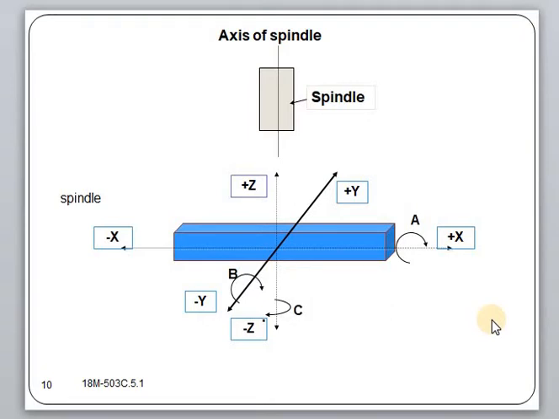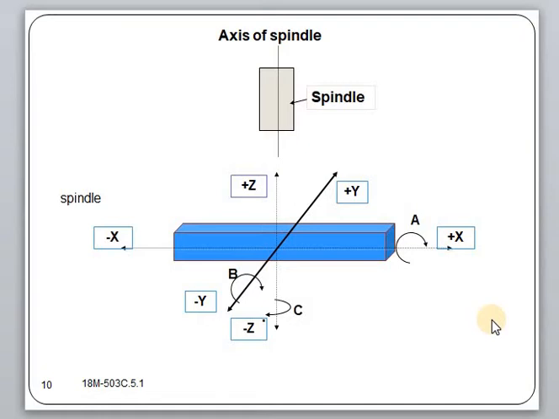Rotary motions: motions A, B, and C are rotary motions about axes respectively parallel to the X, Y, and Z axes. A positive rotary motion is in a direction that would cause a right-handed screw to advance in the positive direction of the axis of rotation.